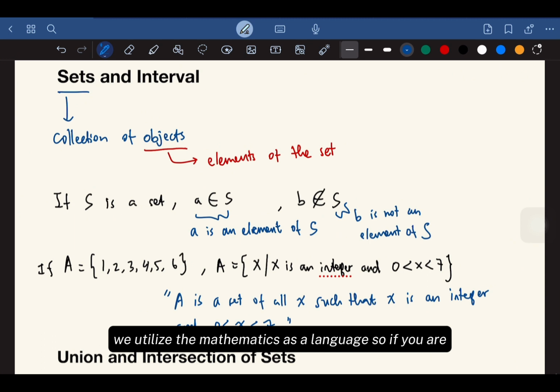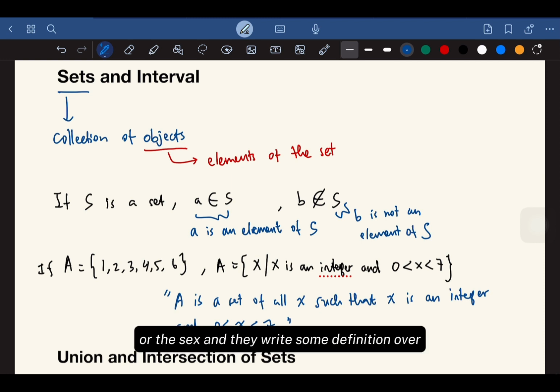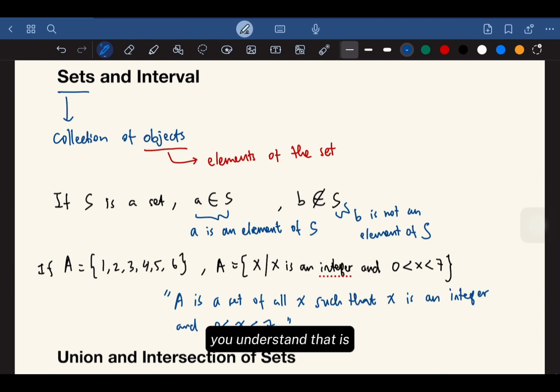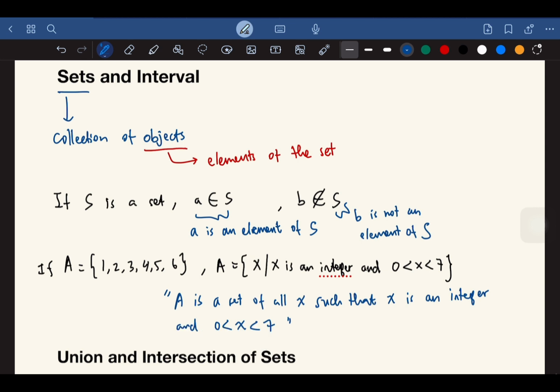So if you are given an interval or a set and they write some definition over it, you understand that X is an integer and the interval is from this.